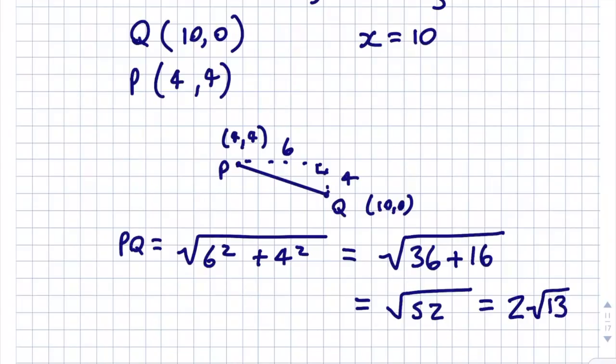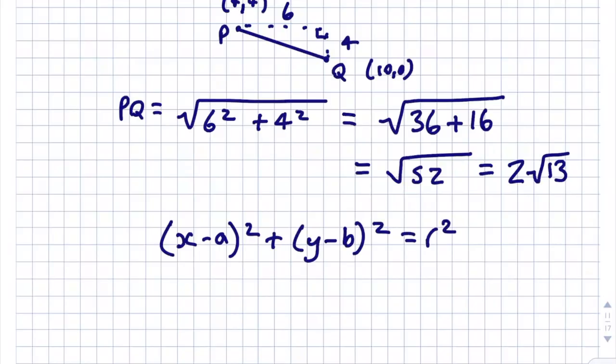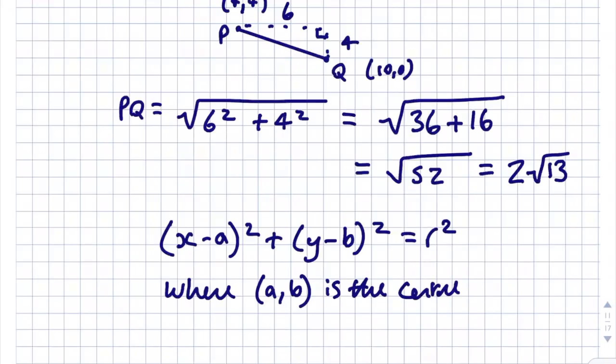Now, the equation is going to be in the form x minus a squared plus y minus b squared equals r squared, where the coordinates a, b is the centre of the circle, and r is the radius. So that's the general form for the equation of a circle.